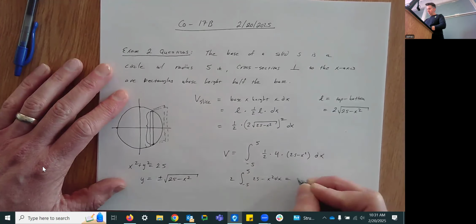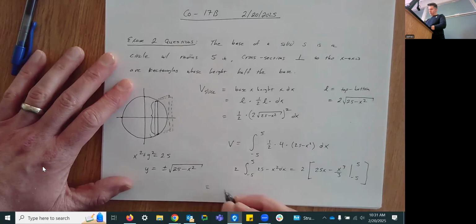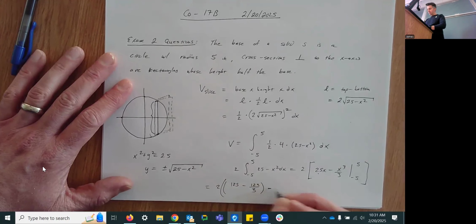We integrate, we get 2 times 25x minus x cubed over 3 from -5 to 5. That's going to end up being 2 times 125 minus 125 thirds. And then subtract the same thing essentially: minus -125 plus 125 thirds.